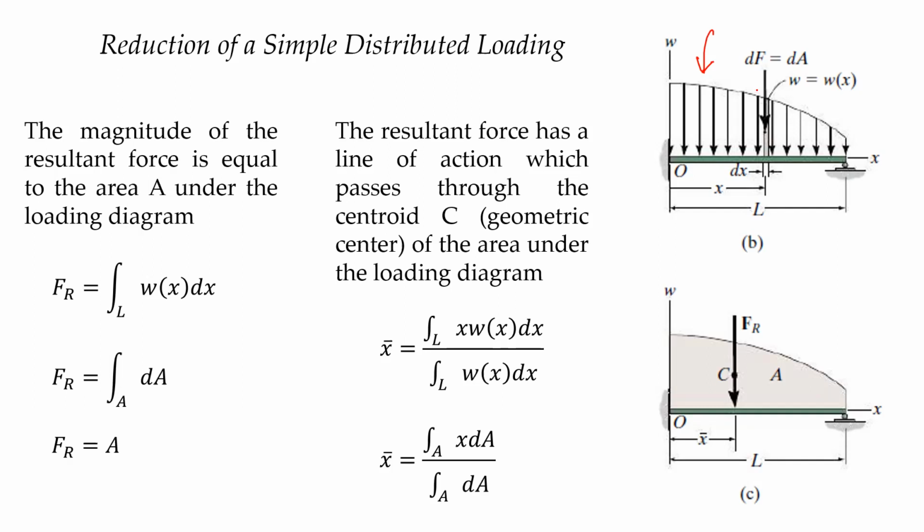And we know w of x dx is equivalent to our differential area. So x times dA, integrated over the entire area, divided by the integral of dA. We can calculate our x bar, which is the centroid.